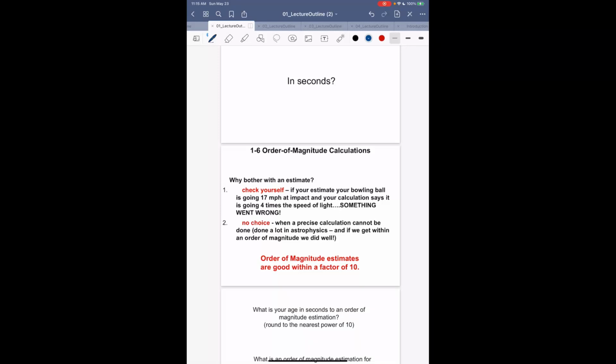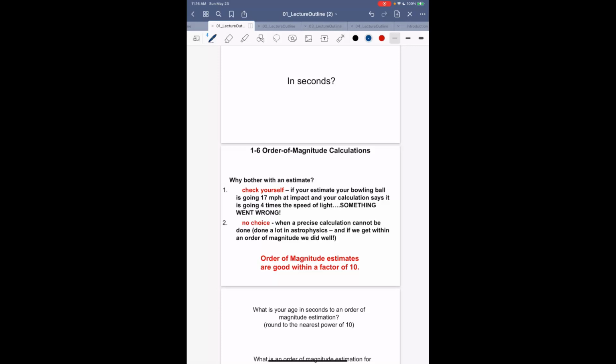Then I will say the order of magnitude estimates are good within a factor of 10, which means I don't want to have exactly the same answer, but I will get an estimate, let's say this is maybe 10 meters, and the actual number is maybe 13.